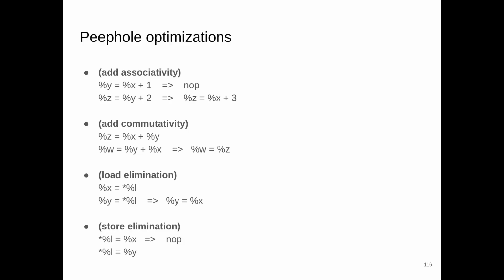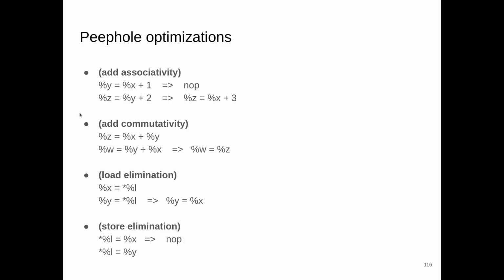Okay, so by using simple arithmetic rules, in this case addition's associativity, we can simplify the code a little bit. Similar things happen for other arithmetic rules as well. So suppose that we want to exploit the fact that addition is commutative. That means a plus b is always equal to b plus a for arbitrary a and b.